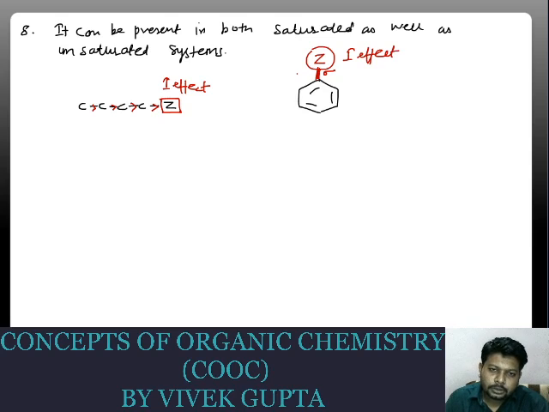Now the electron will go towards Z through this pattern. Means only sigma bonds will be participating in the I effect, but the pi bonds will remain intact.